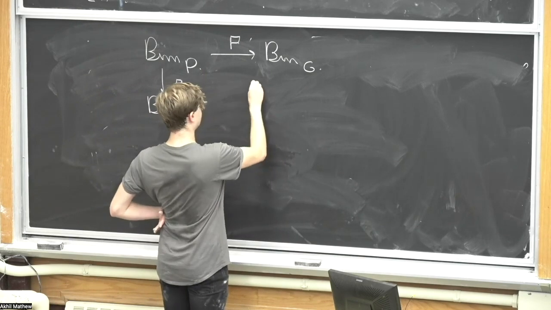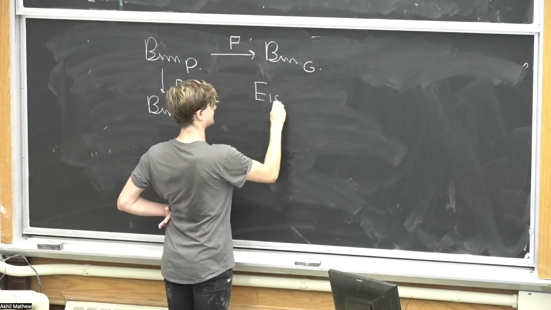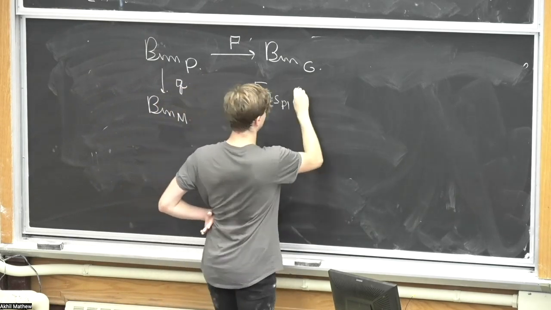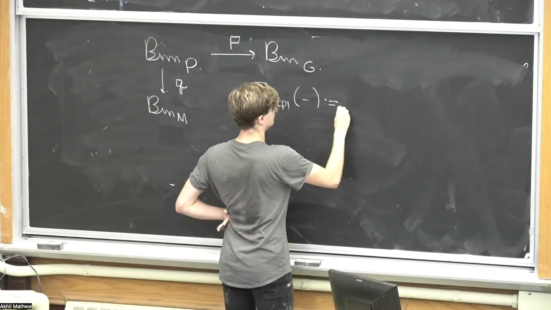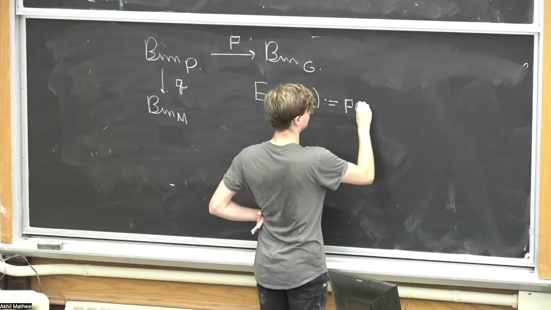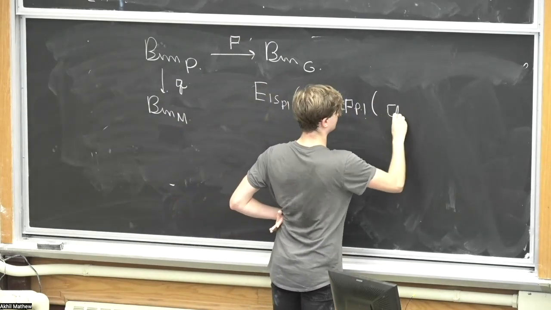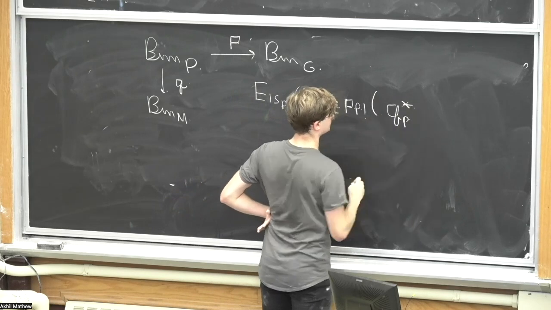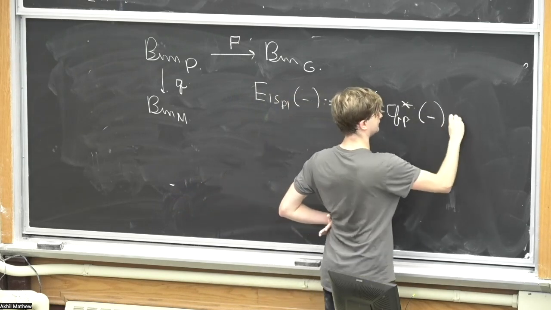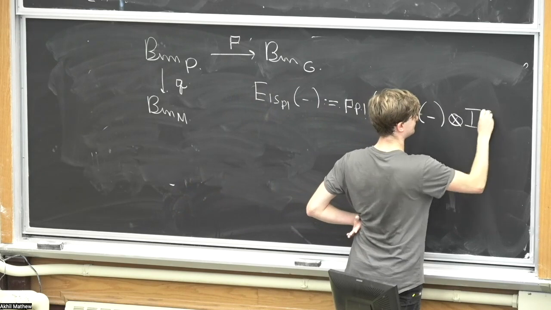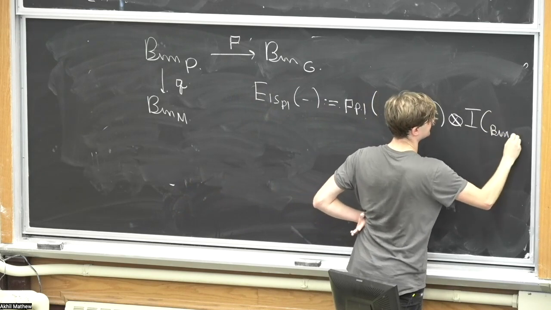So then we define the Eisenstein functor, Eis_!, to be given by taking p shriek push forward, composed with the star pullback, and then I'm going to tensor by something very mysterious, called IC_Bun_P.